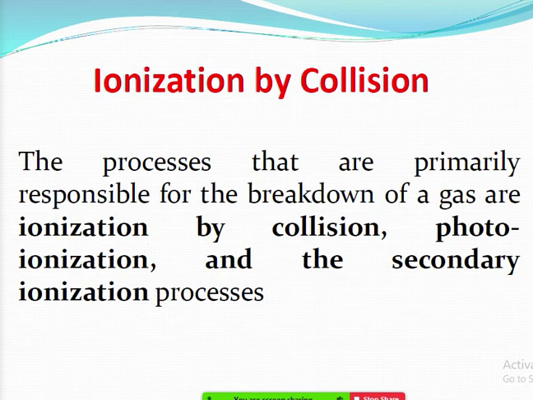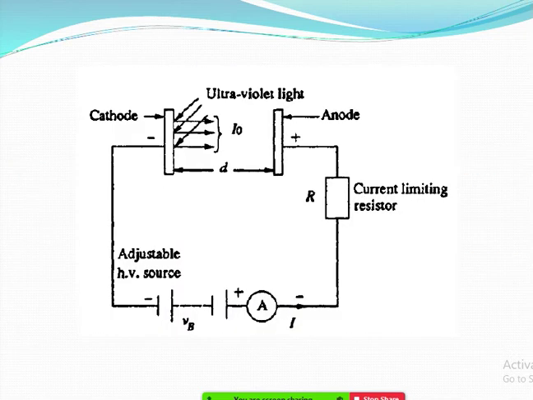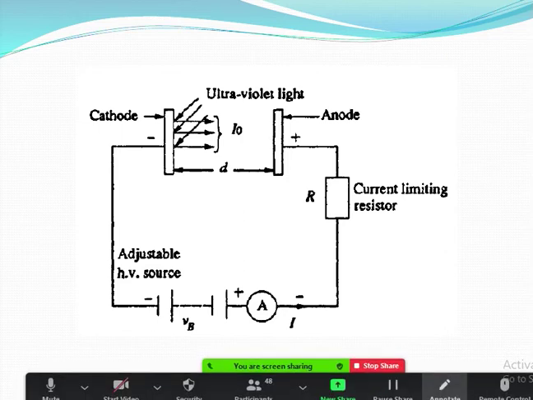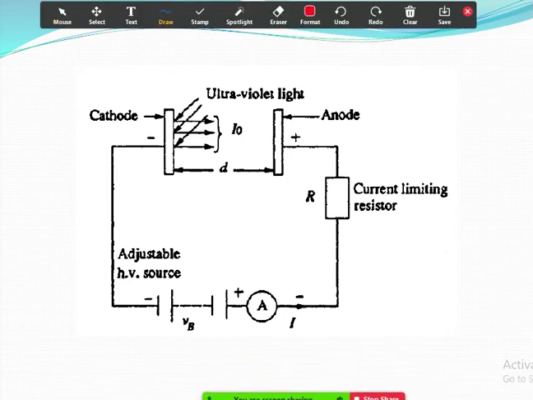So when an electron moves in the gas, let us again come to the experimental setup. So this is the experimental setup. This is your cathode and this is the anode. Here the gas will be there.